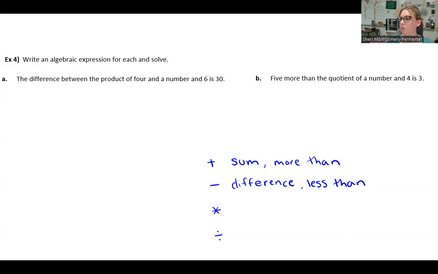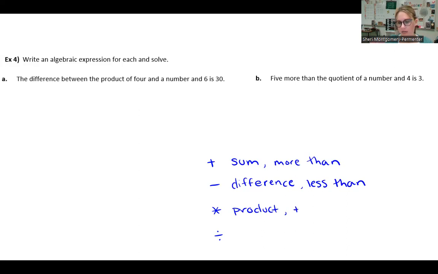For multiply, what words go with multiply? Product. Twice, yes. So I'm gonna sum all of that up because it could be twice, it could be 3 times.